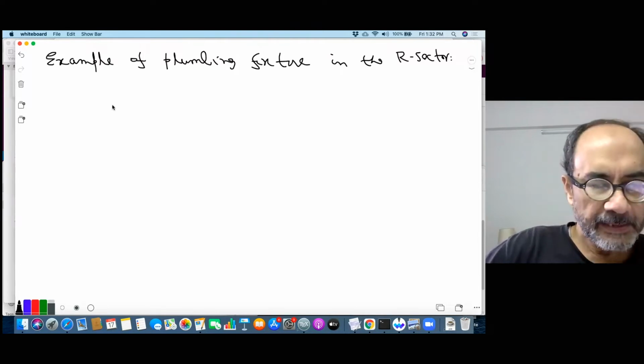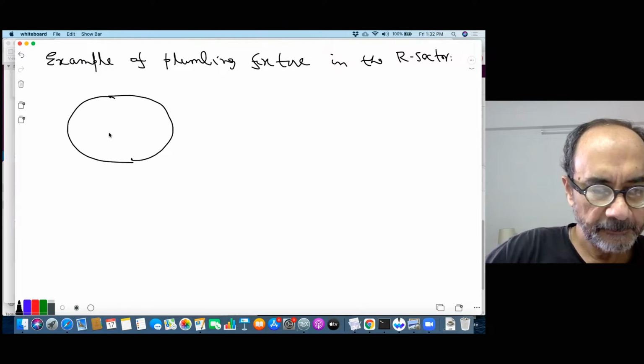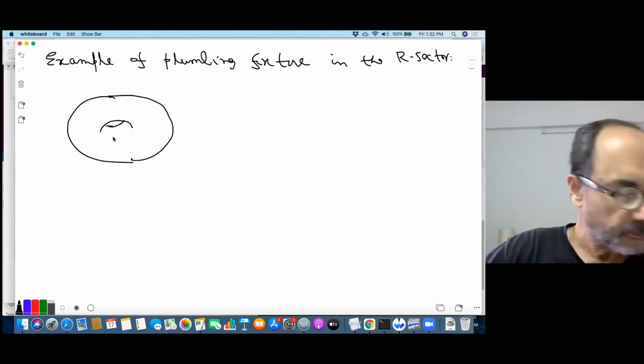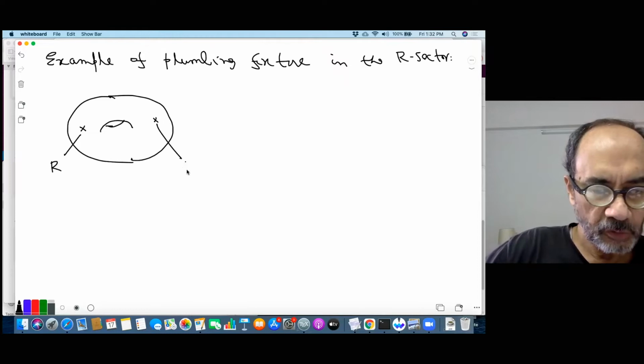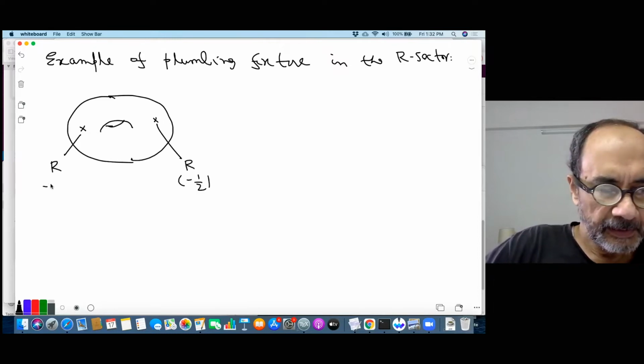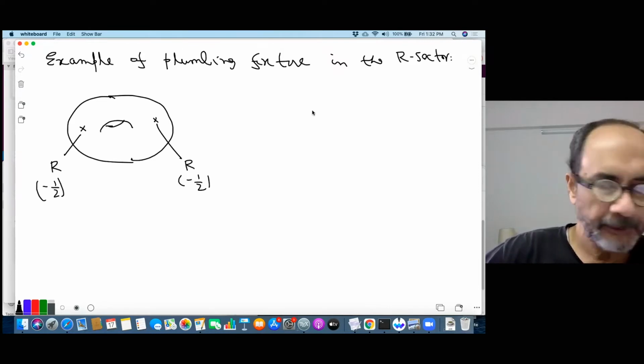So let's take a torus with two Ramond punctures. So this is R. This is also going to be an R, so these have -1/2 picture number, because that's the prescription.